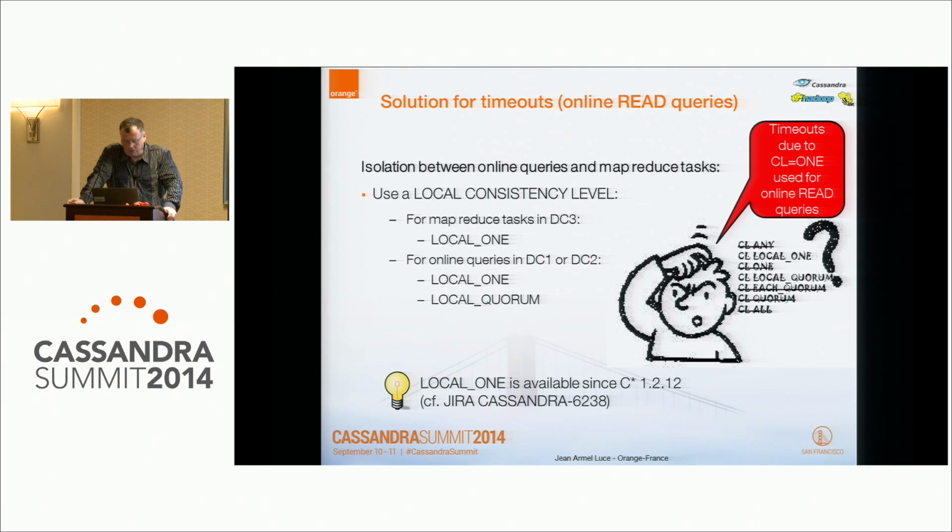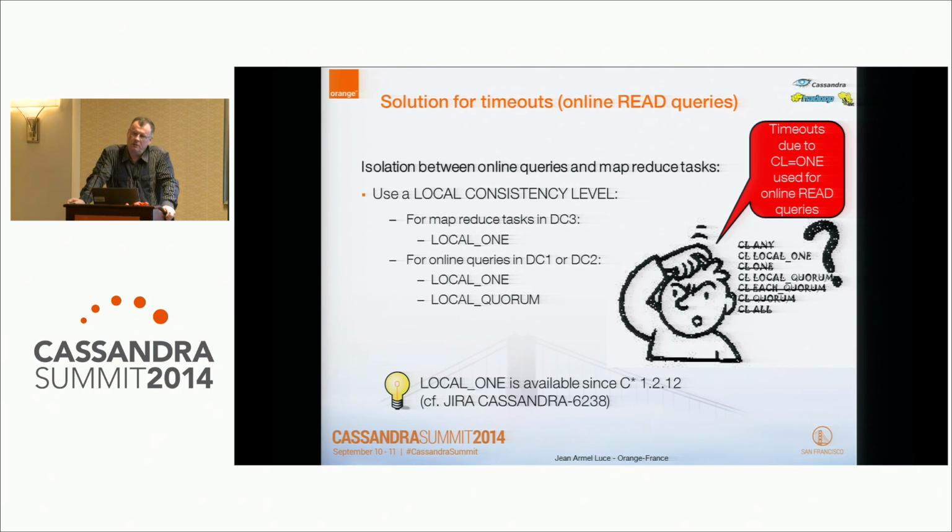And for the online read queries, we now use the consistency level local 1 instead of consistency level 1. So now we are sure that the online read queries are executed locally in data center 1 or data center 2 and are never sent to data center 3. Just with that, we have solved the problem of the timeouts of the read queries.